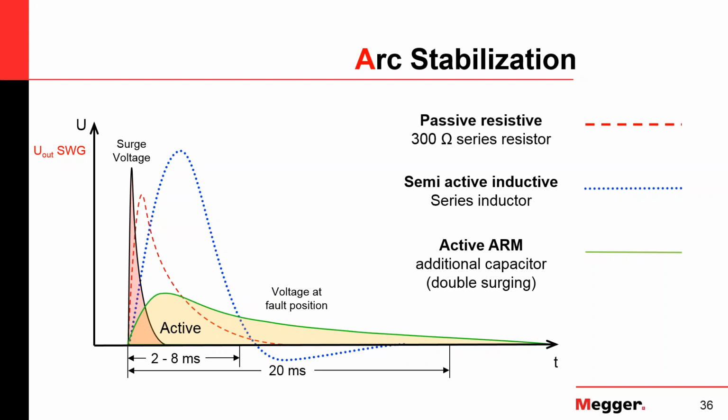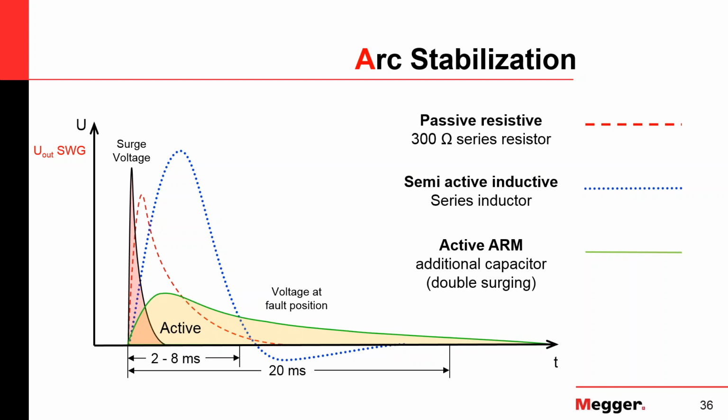There's a few different ways to do that. The most primitive one is a passive resistive filter. So you just have a resistor in line with your source, and you can see where it says surge voltage, the steep, almost needle, that is what the high voltage source, the surge generator, the thumper, is putting out.